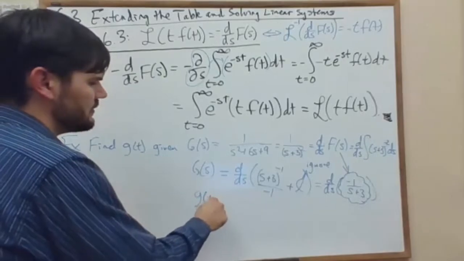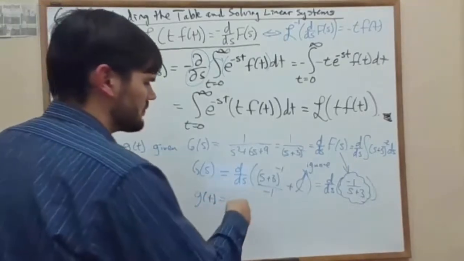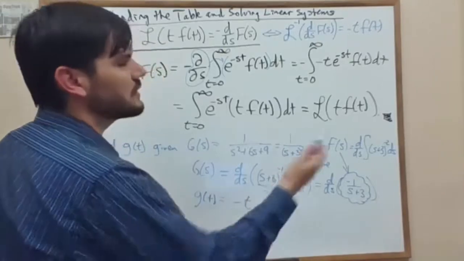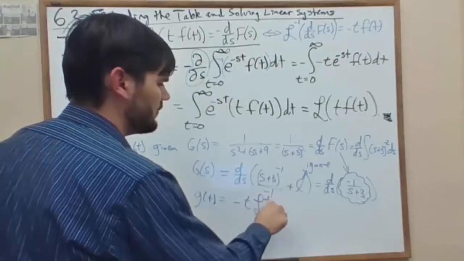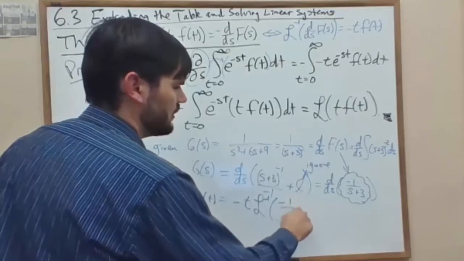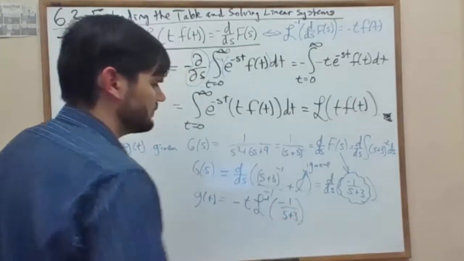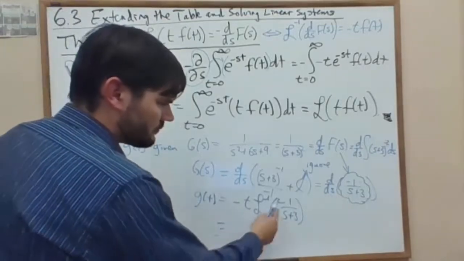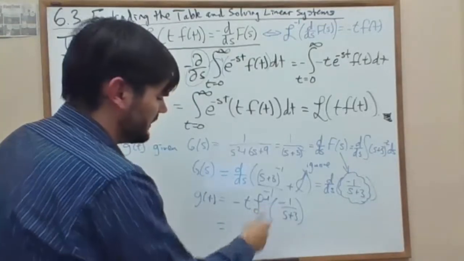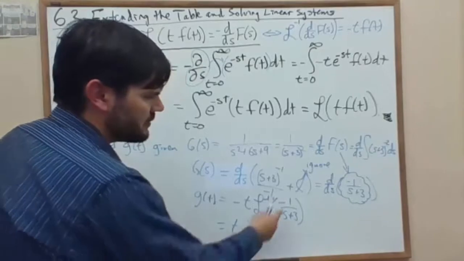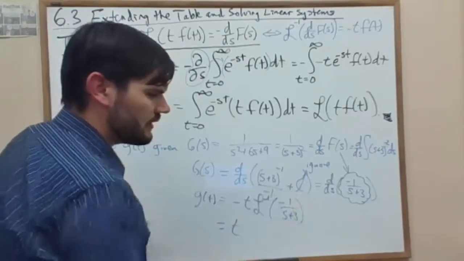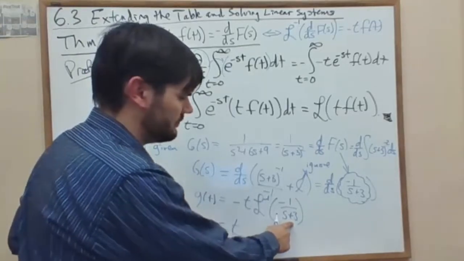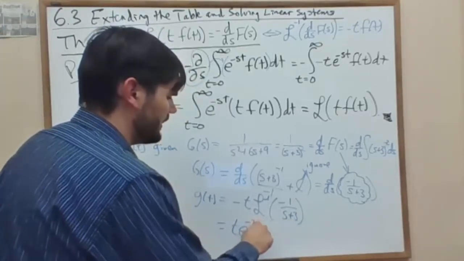So it's saying that g of t is negative t times little f, which is the inverse of big F, negative 1 over s plus 3. Okay? Well, I can pull that negative out because it's linear. It gives me a negative t times the inverse of 1 over s plus 3. That has an a value of negative 3. So we get e to the negative 3t.